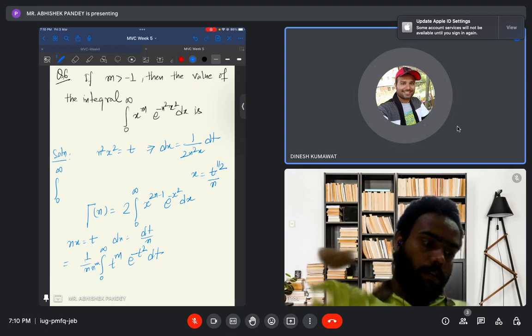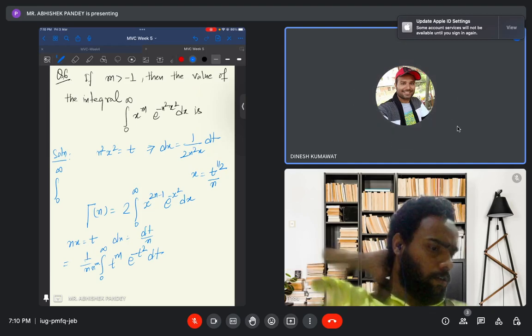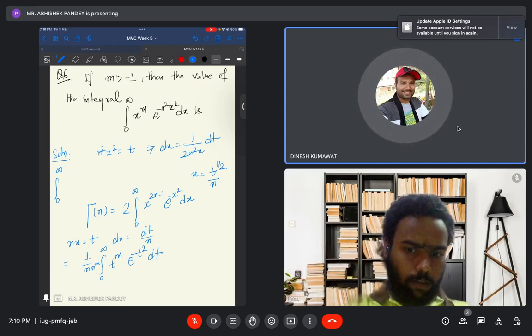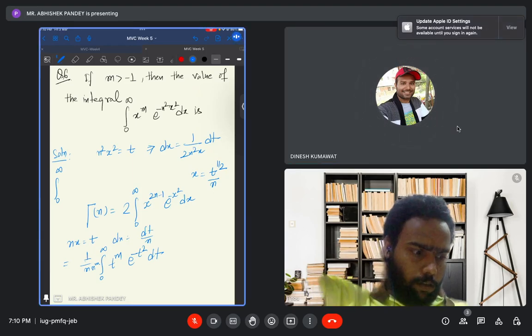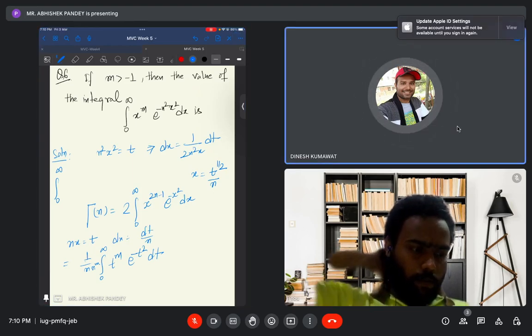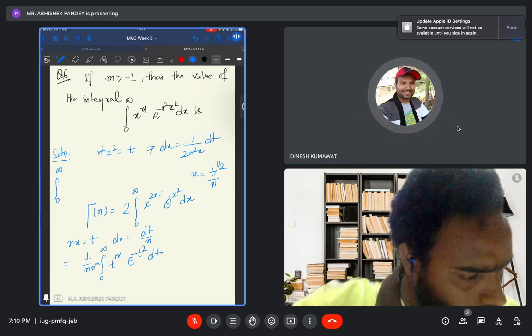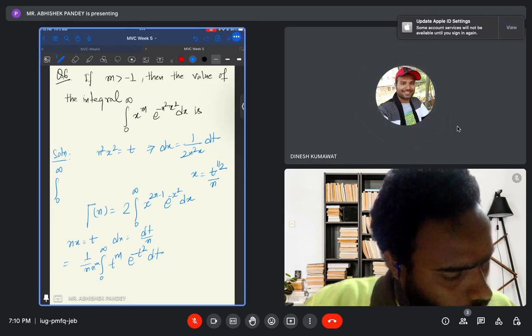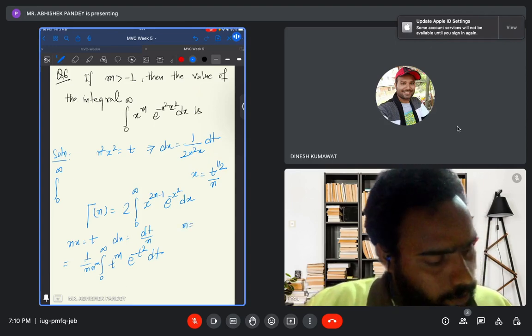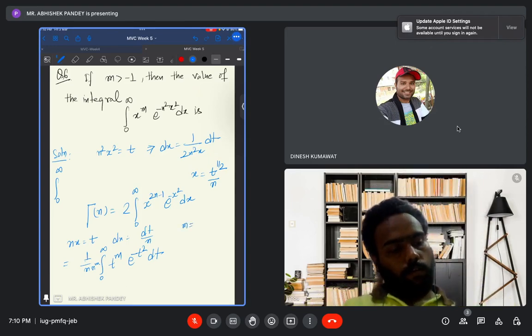Now this one, if I compare, then I'm getting m equals 2n minus 1. So let us say m equals 2n minus 1.